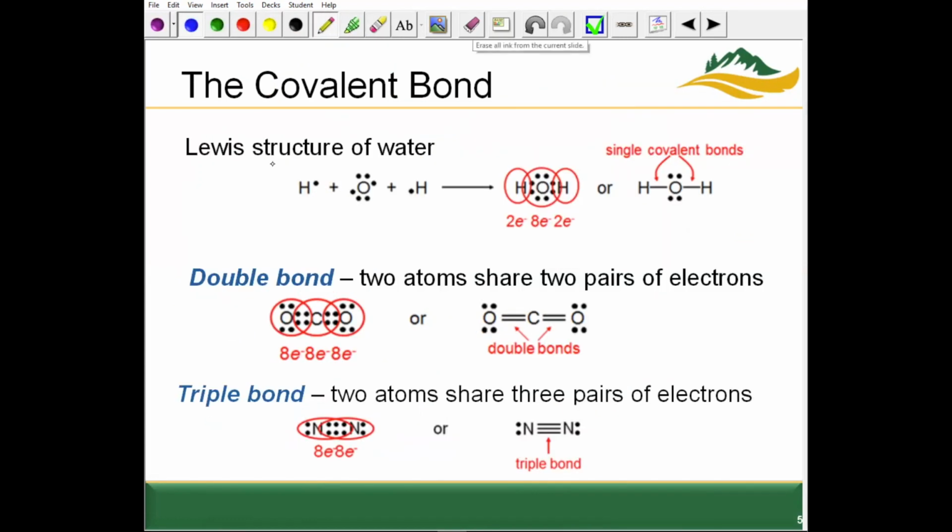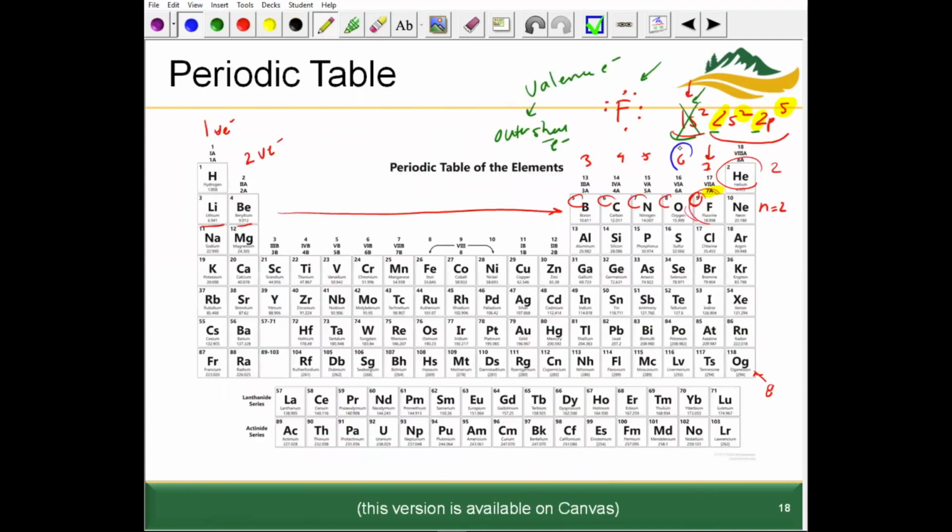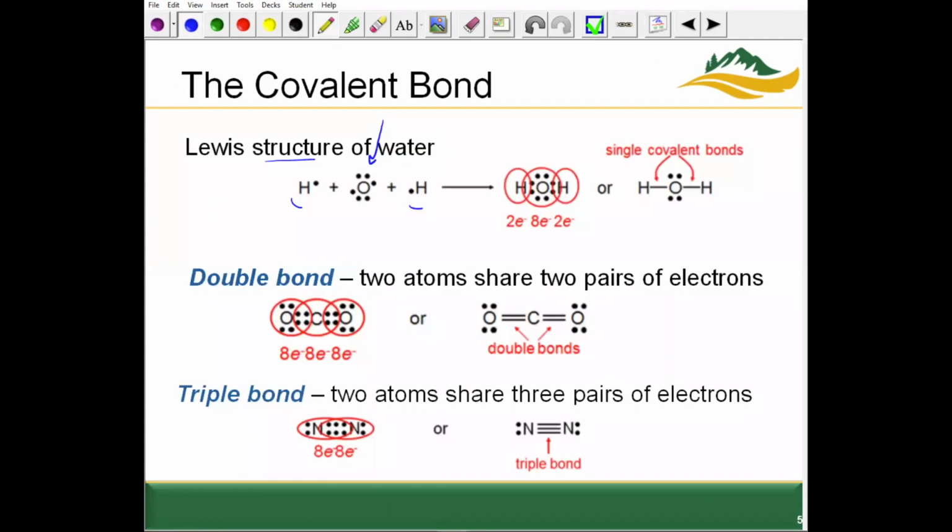So we've talked about water a decent amount in the past, and for hydrogens, they both have 1 valence electron apiece. How many valence electrons does oxygen have? Well, based on its placement in the periodic table, oxygen has 6 valence electrons. So here's 1, 2, 3, 4, 5, 6 valence electrons for oxygen.